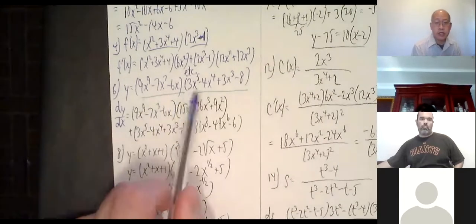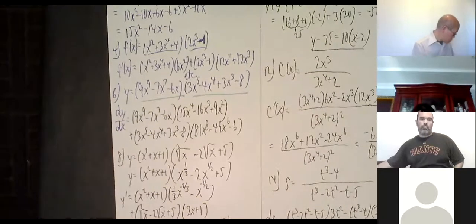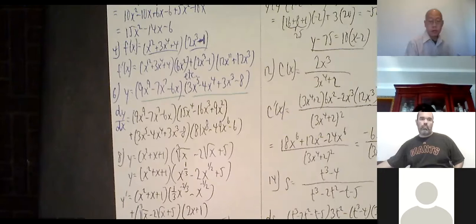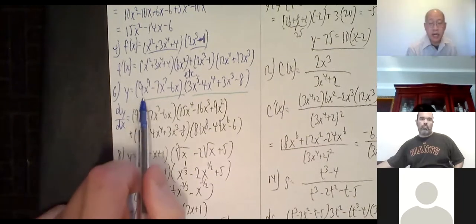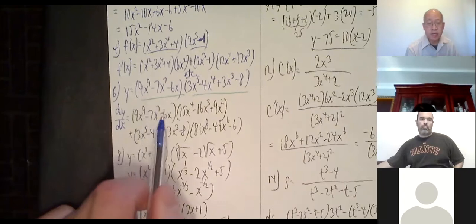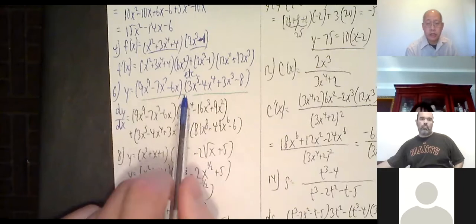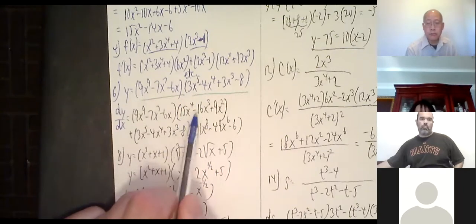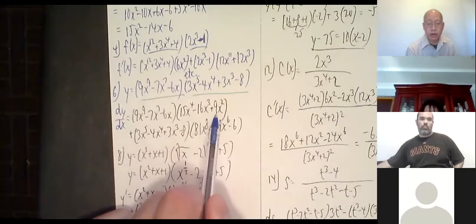First function, second function. So how do I do it? You copy the first function, 9x to the 9th minus 7x to the 7th minus 6x, and then times the derivative of the second function. So the derivative of the second function is 15x to the 4th minus 16x cubed plus 9x squared.